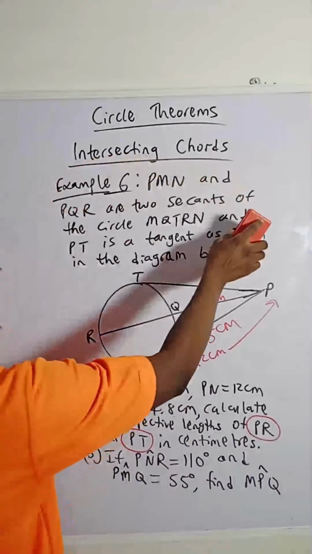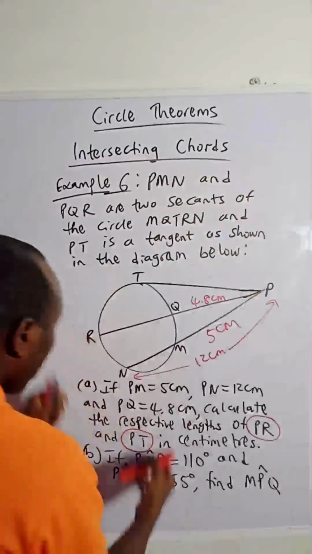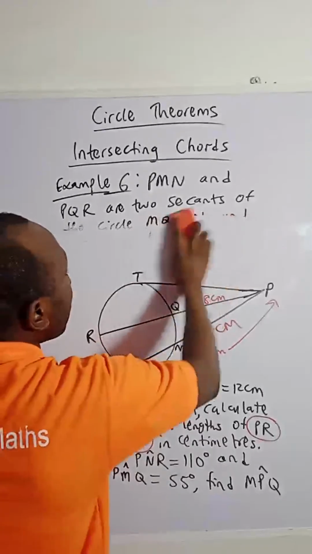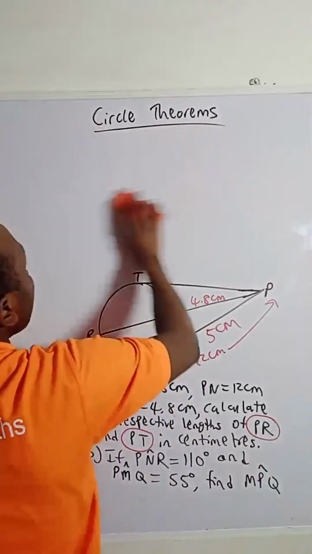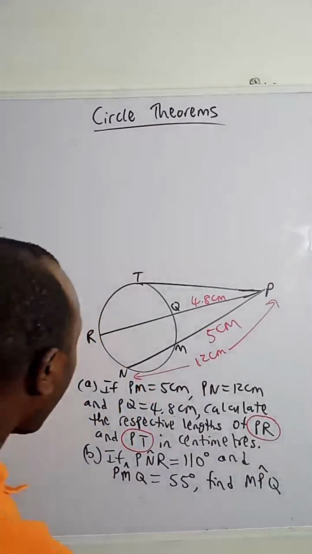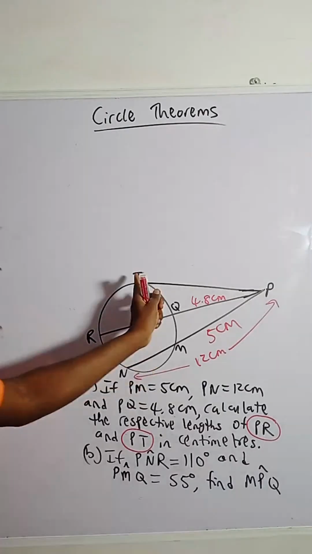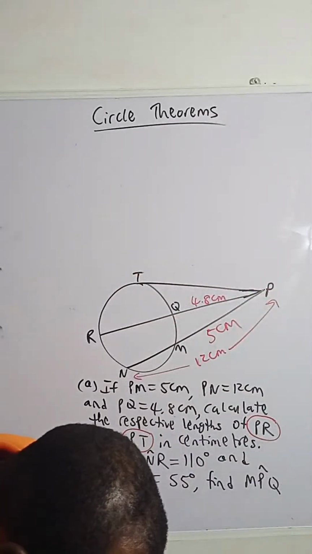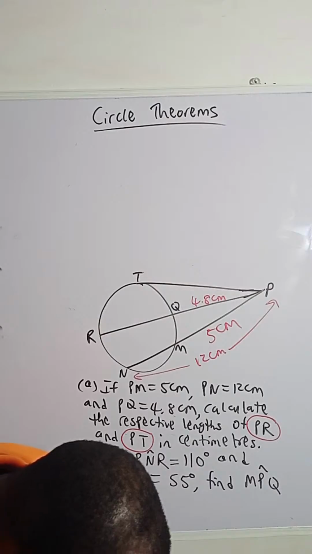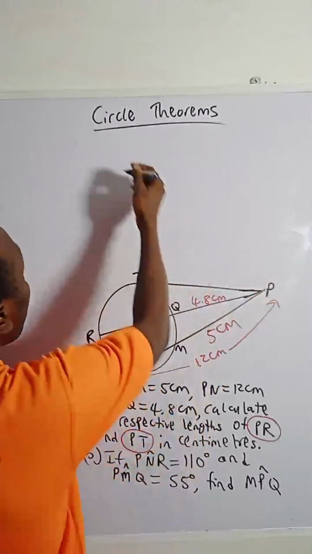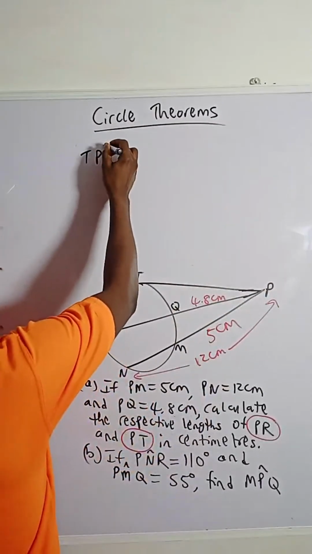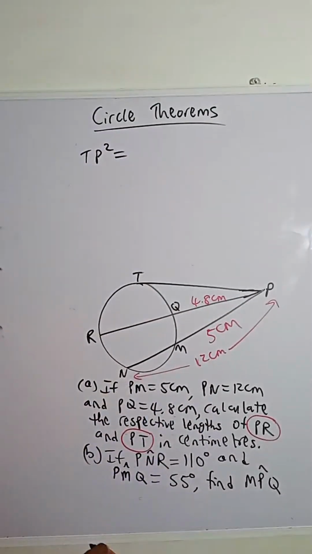I want to clean this top. I think all the information we need is below. So let me take this off. So how do we get PT, the tangent, PT? 4.35, Mahat, okay. Who else is giving us the answer? And I told you that you square the tangent, so you have TP squared is equal to what?